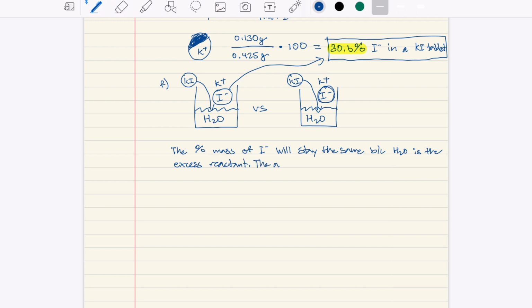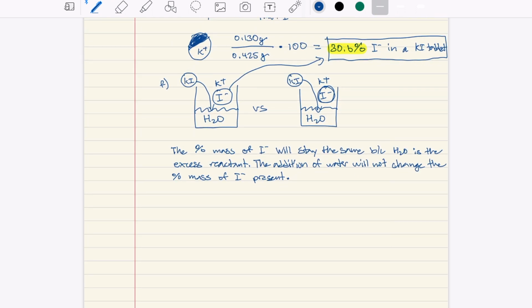The addition of water will not change the percent mass of I minus present, right? For more detail here.